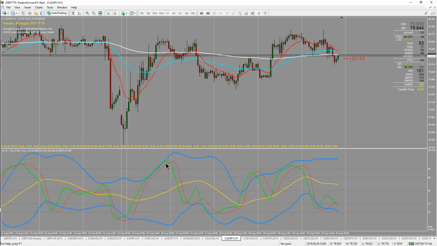Whenever the green crosses the red, then you're looking for sales. That's what happened here. Let's say this is Sunday, Monday, Tuesday. So these are moving averages too, just on a different indicator. So the averages came down.